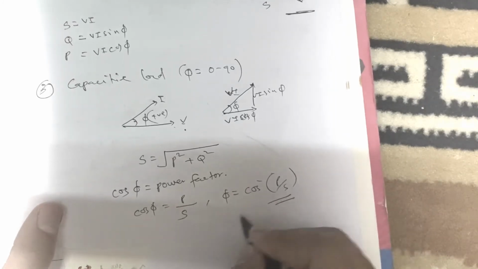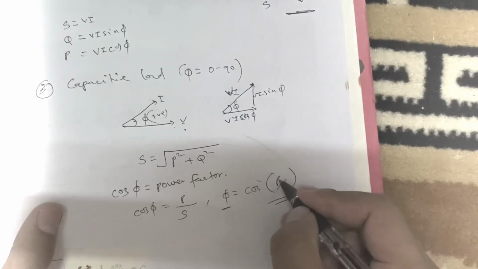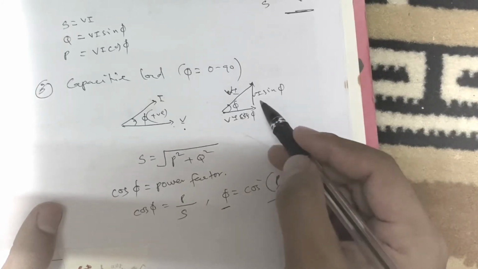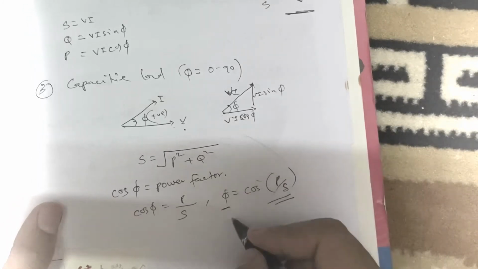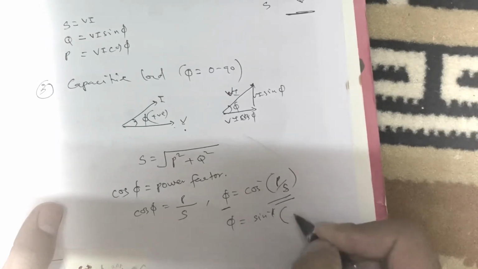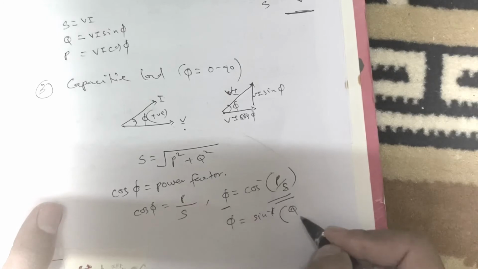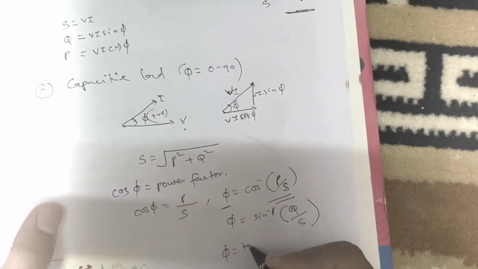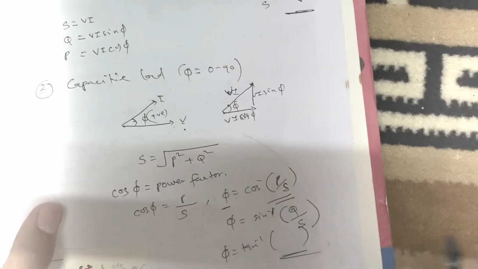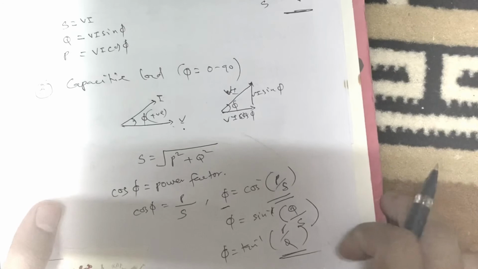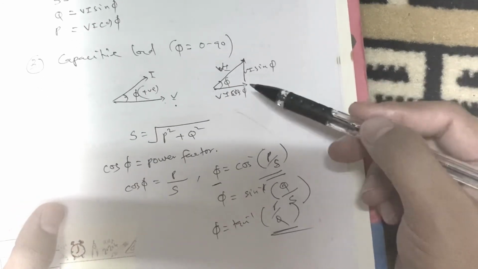This is how we find phi if the real power and the apparent power are known. Or you can also find phi using sine inverse of the reactive power divided by S, or using tan inverse of Q by P. So this is the application of the power triangle.